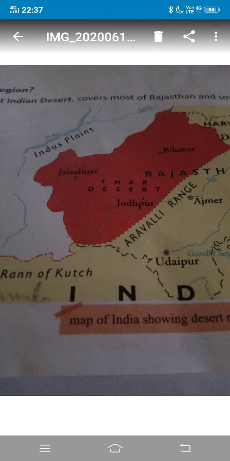These plains are lying towards the west. Now Rann of Kutch to the south. Here in the Gujarat region, we are having Rann of Kutch. This is also a desert. And Aravalli range. This is the oldest range in India, children.